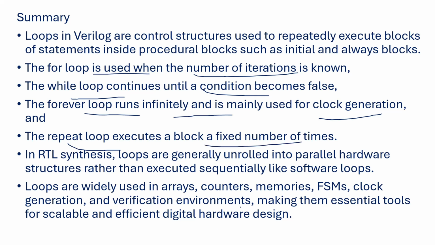Most designers use these repeat loops, parallel loops, all these things. They execute sequentially. Whatever loops we are using, all the statements are executing in a sequential way. Okay. Most of the loops are used in arrays, counters, memories, FSM and clock generation. All these things are mostly used in the verification environment. Okay.